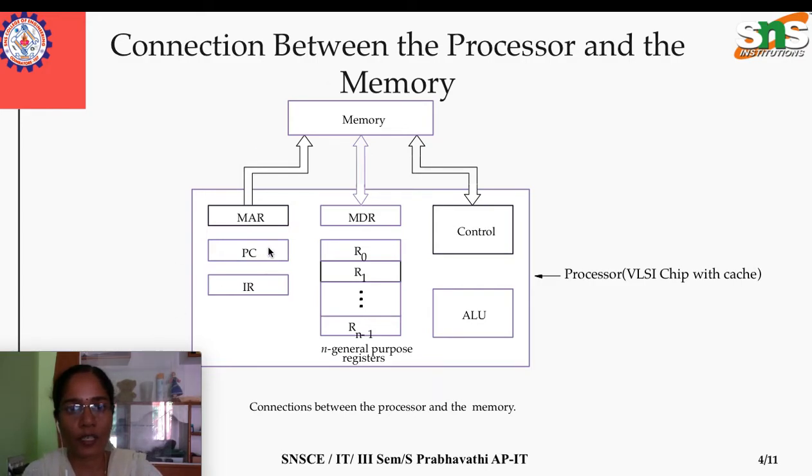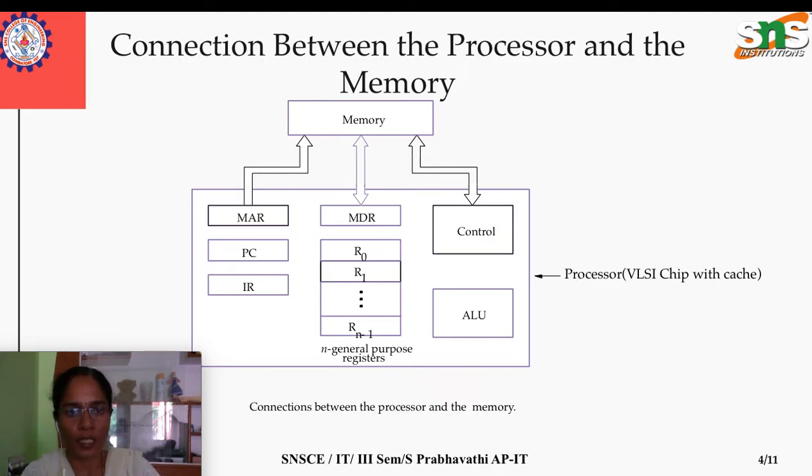Take an example of a program of 5 lines. To execute that program, the processor must know the starting address of the first line. The program counter will hold that address, and while executing the first line, the program counter is automatically incremented to hold the address of the next instruction.